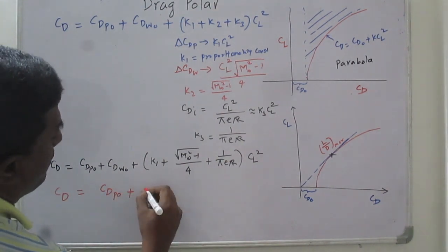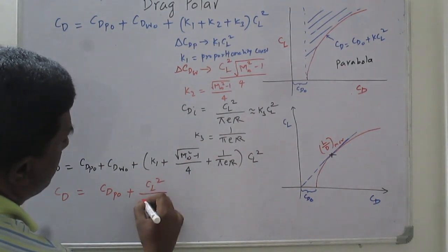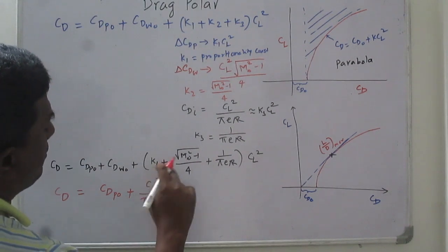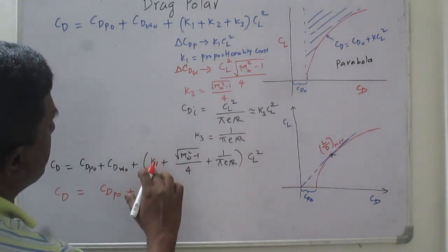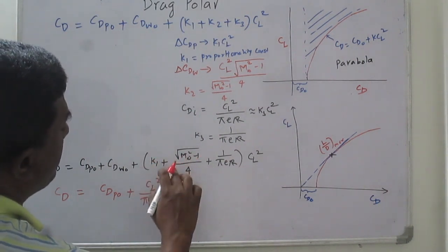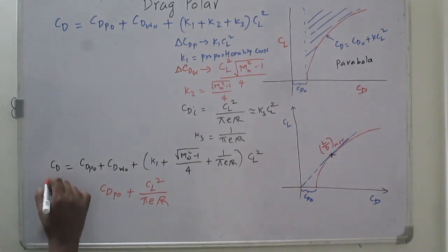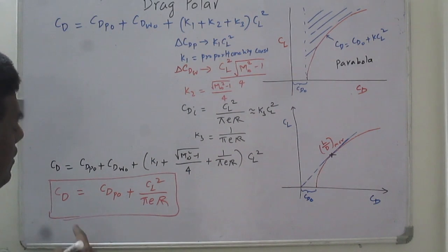So if you omit these two components, that is, the incremental in parasite drag and the incremental in the wave drag component, then the final drag polar equation, the simple drag polar equation, we can take as it is.